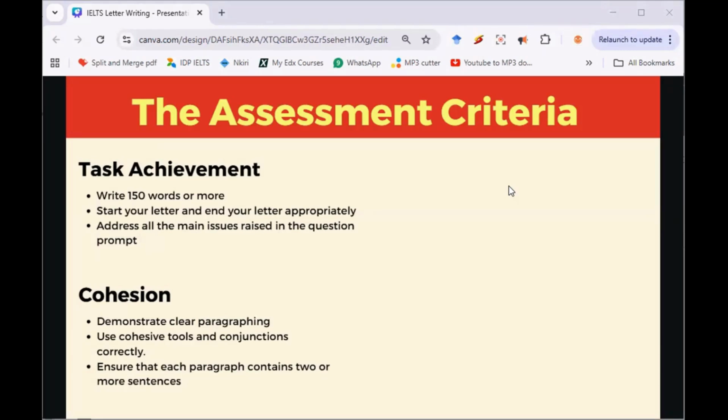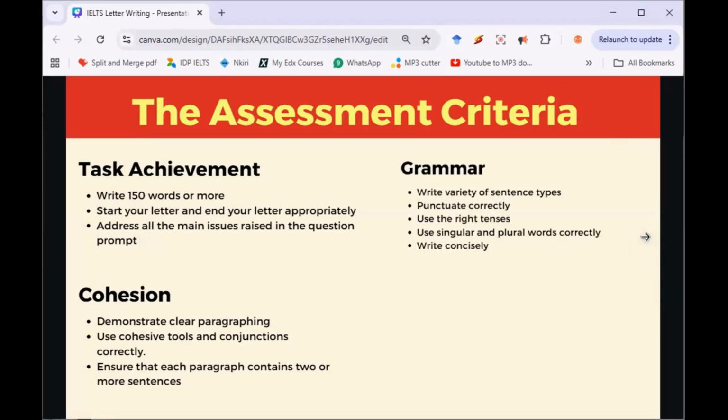Criterion number 3 is called grammar. So what do we mean by grammar? Grammar basically has to do with your sentence construction. So for you to get a good score with grammar, you must use a variety of sentence structures. Very, very important. We have 4 major types of sentence structures.